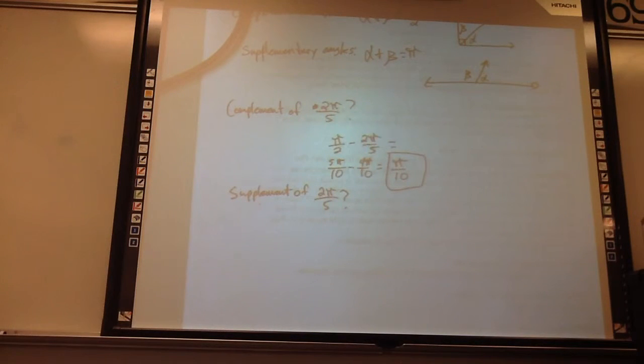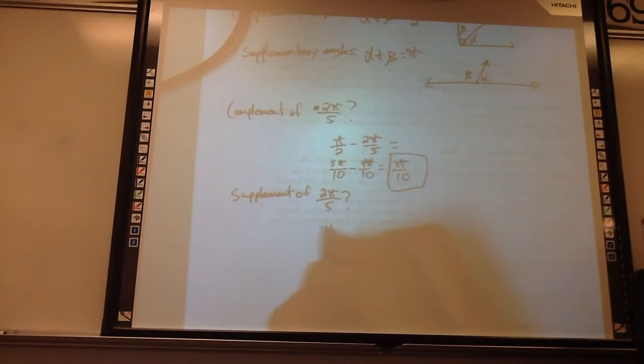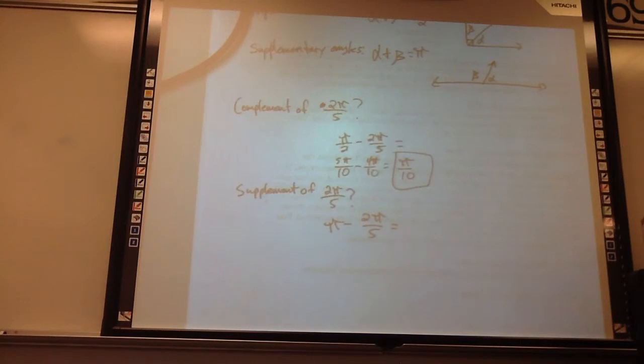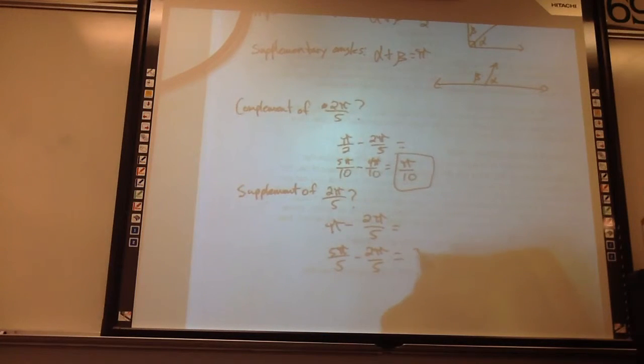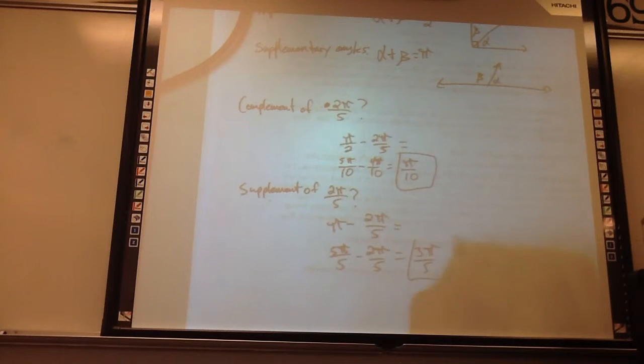Pi over 1. The answer is 3 pi over 5. That makes sense, because that would be 5 pi over 5 minus 2 pi over 5 equals 3 pi over 5. So that's easy.